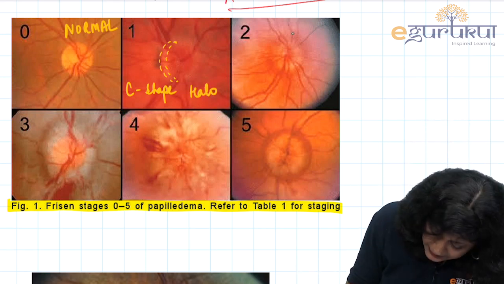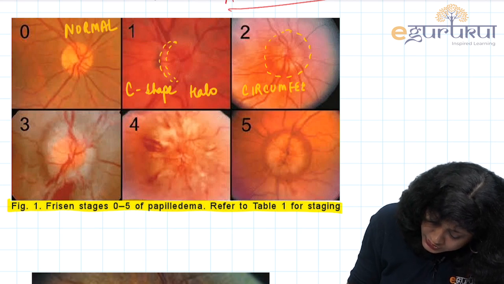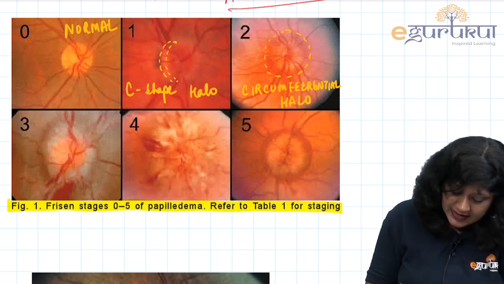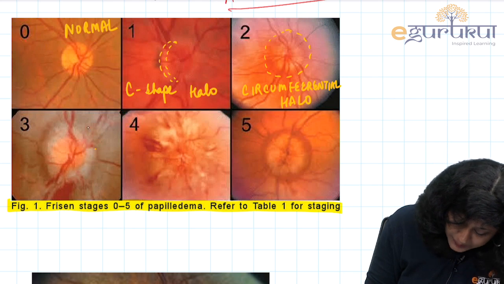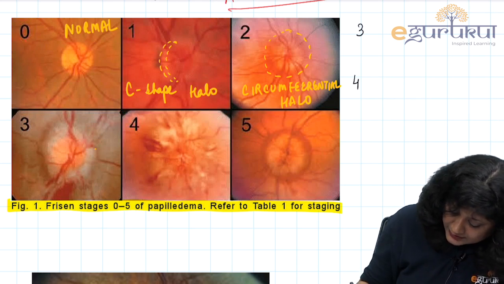Then it becomes circumferential. So this is called the circumferential halo, it is becoming overall. Then we have got the obliteration. I'll write here now 3, 4 and 5.